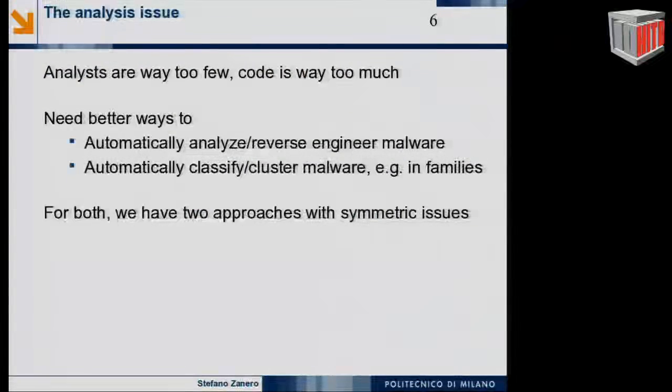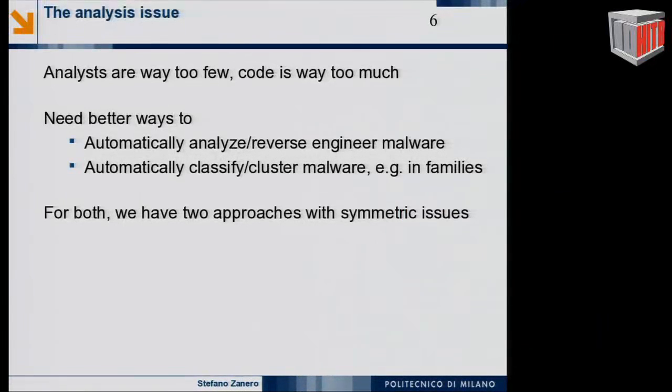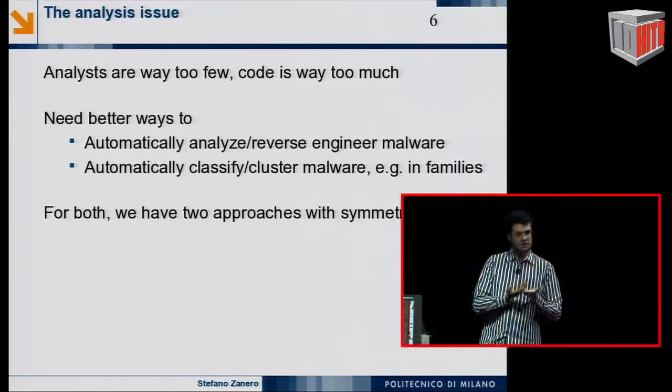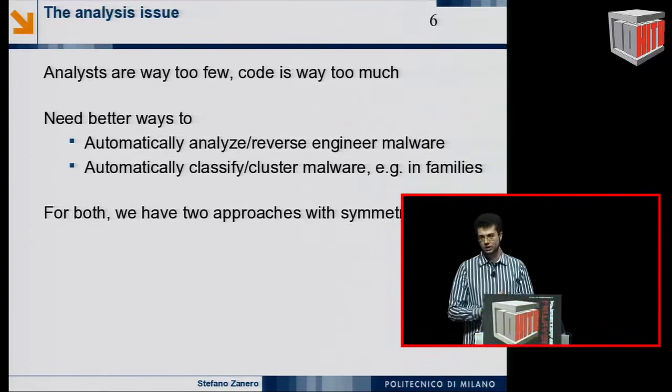One of the issues here is the analyst issue, the knowledge issue, as I started claiming. Because analysts are way too few, and the code to analyze is way too much. So we need better ways, always improved ways, to automatically analyze the code that we have in front of us, to automatically reverse engineer malware.